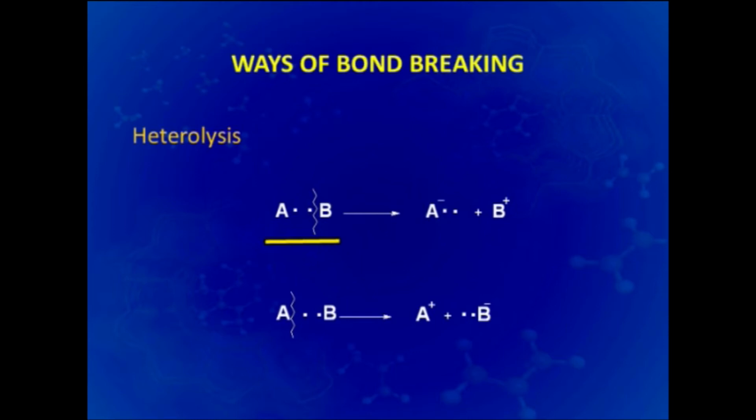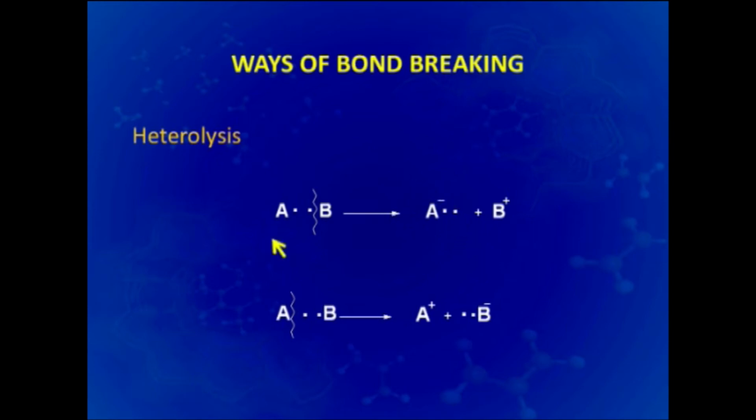As you can see here, the bond breaking is in a heterolytic fashion. That is, the bond is breaking in such a manner that both the electrons which were once shared by A and B both go on to only the A atom.